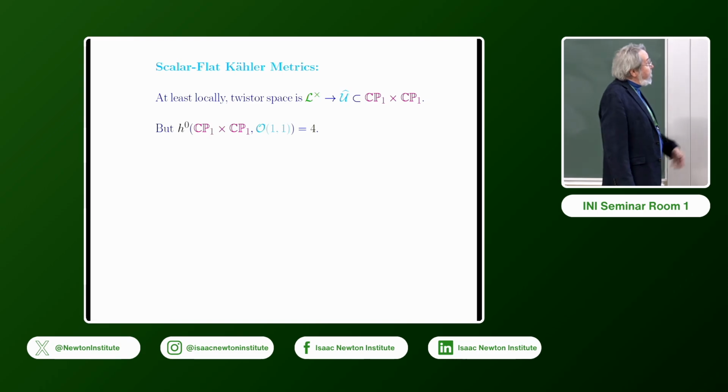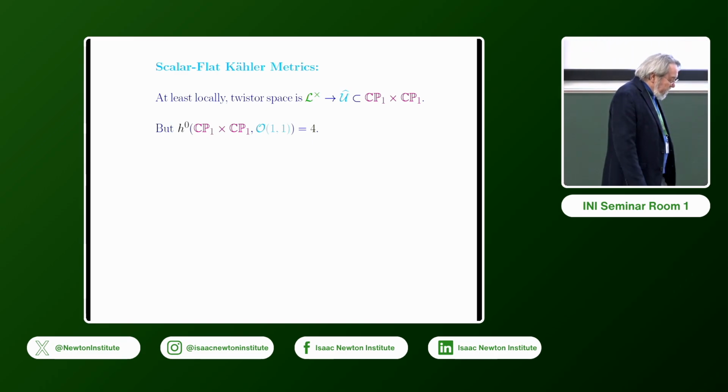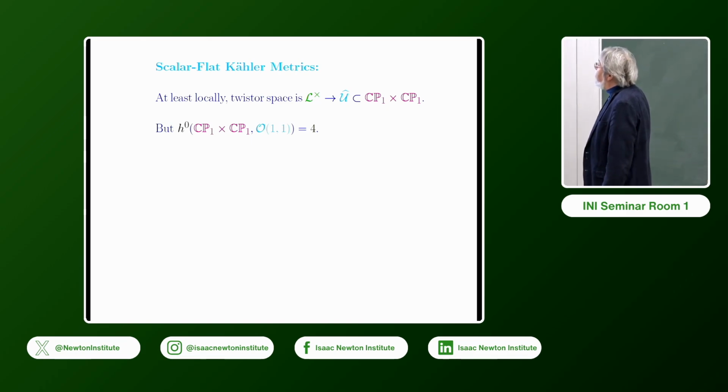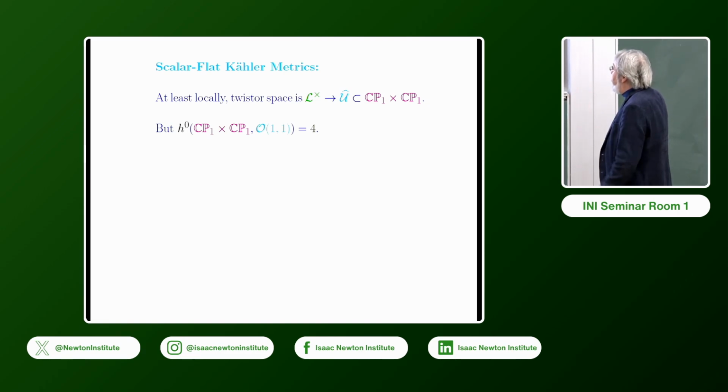And so there's a four-dimensional space, if you like C2 tensor C2, of holomorphic sections of this bundle. But that bundle is actually the square root of the anti-canonical line bundle. It is the canonical line bundle of this complex surface raised to the power of -1/2.